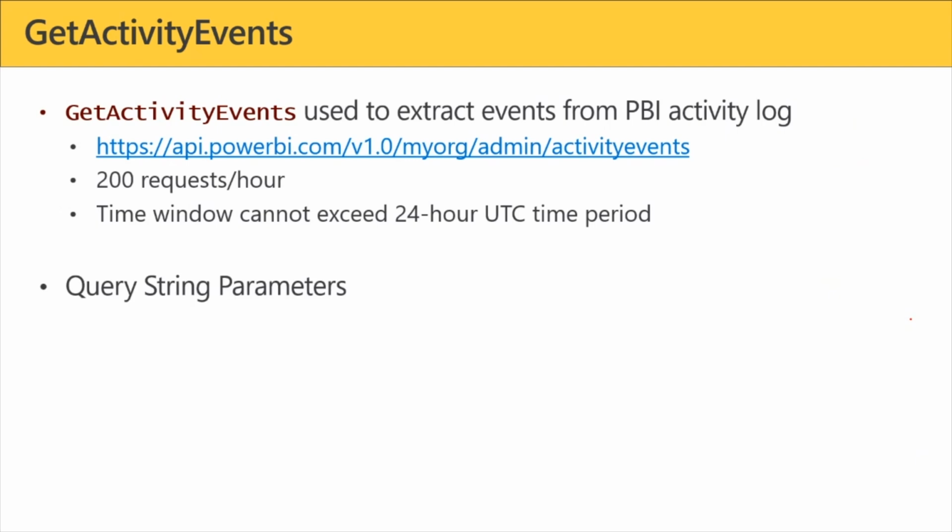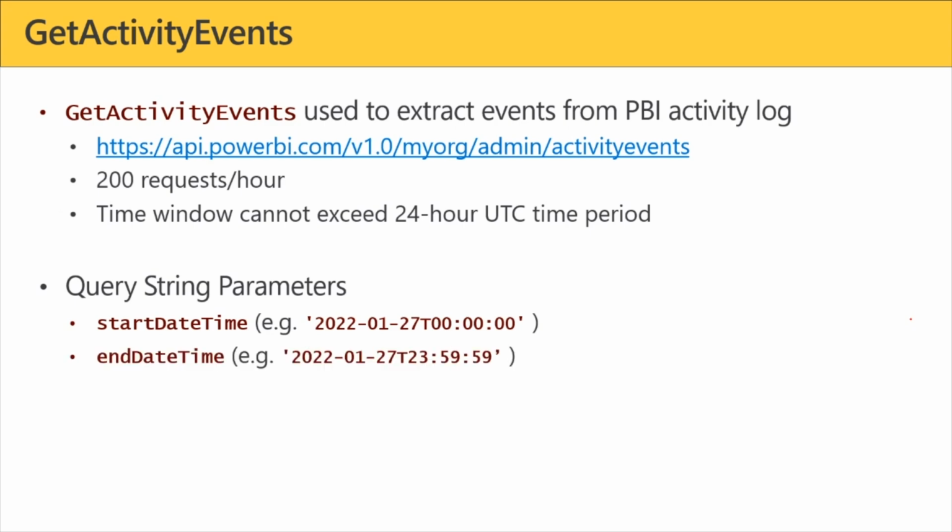Now, let's look at the query string parameters that we're going to use. So first of all, you have to pass a start date time, and you can see the format. So this is just passed as a query string parameter, as a string in single quotes. Okay, so 2022/01/27, you've got the time inside there, and then there is the start date.